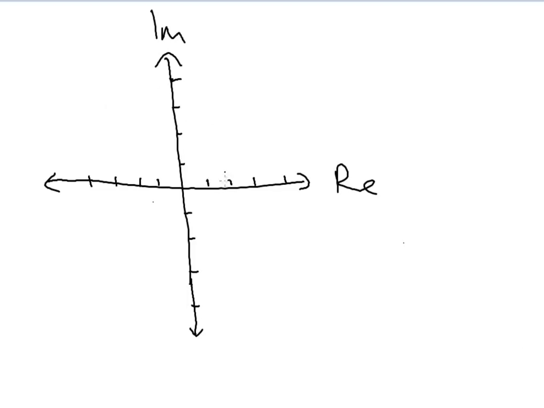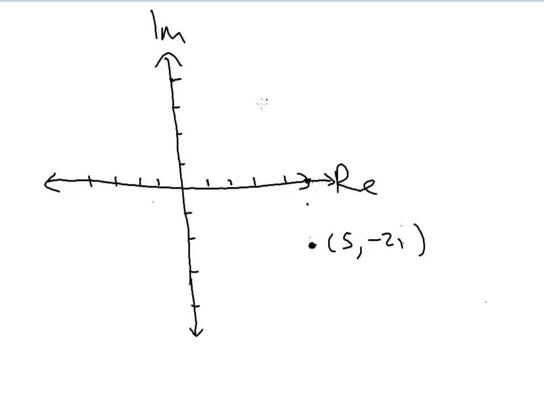So if you want to plot 5 minus 2i, the real part is 5, so 1, 2, 3, 4, 5, and that's 5. Minus 2i, that's minus i, minus 2i. So that would be 5 minus 2i. Next we want i multiplied by that, so I'll just work that out. i multiplied by 5 minus 2i is 5i.